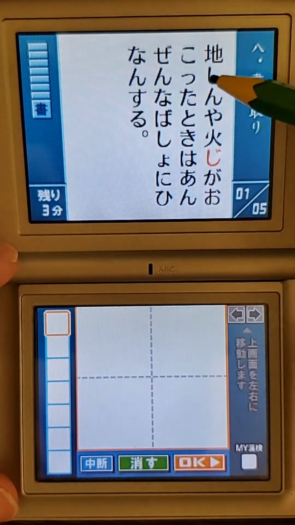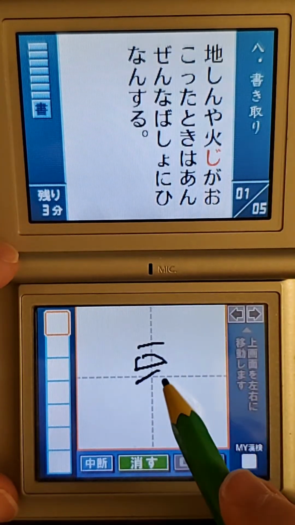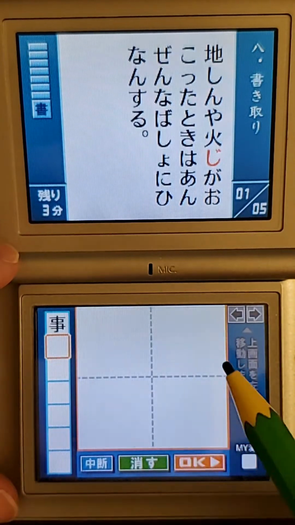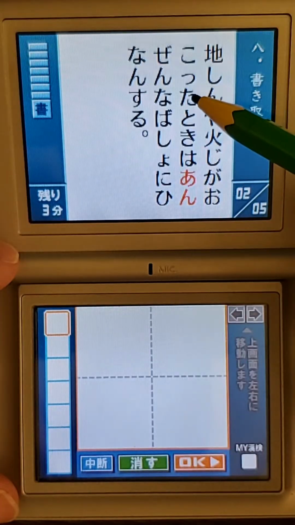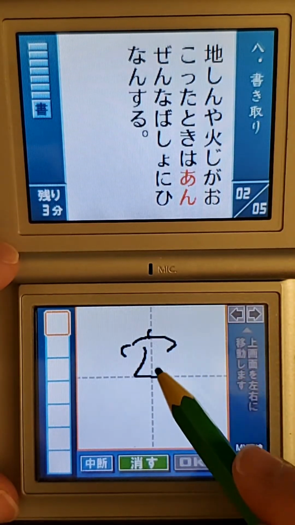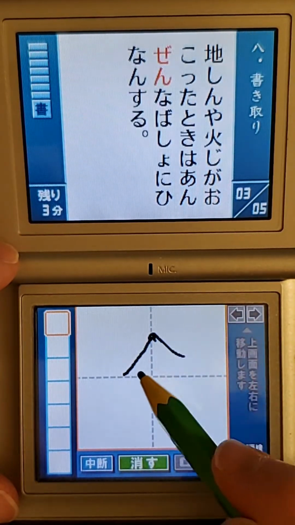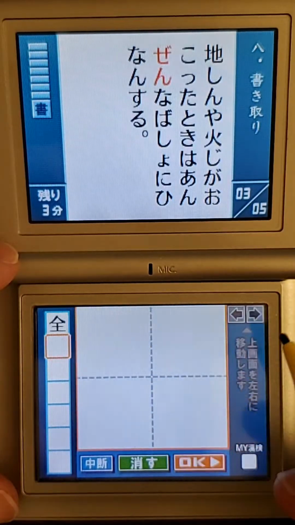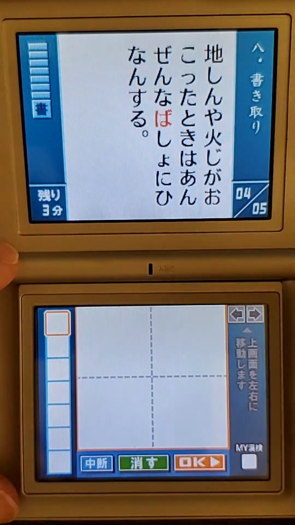Run away! So kaji, so fire, and then koto. That sucks, but that's the kanji. Okota toki wa anzen. So this is kanji for on. Zen, I think it's this. Yes, so safe.